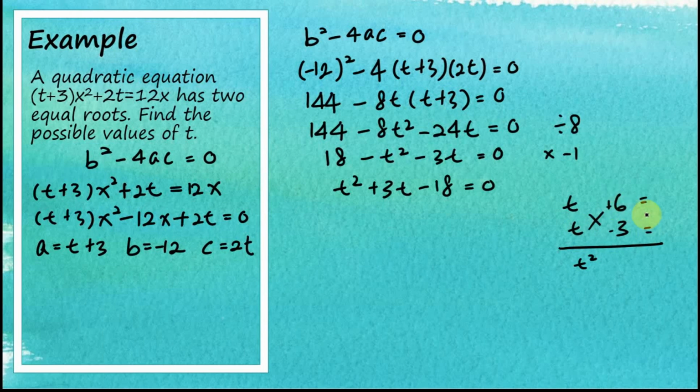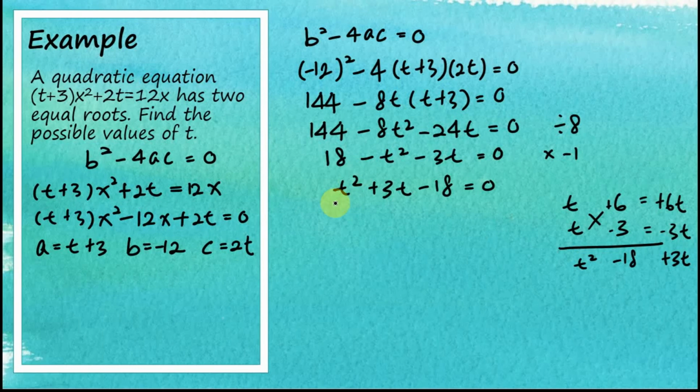Okay, t multiplied by positive 6, so we have positive 6t, and t multiplied by -3, we have -3t, and the sum is equal to positive 3t, and for this one, the product is -18, and yes, this is exactly what we want.